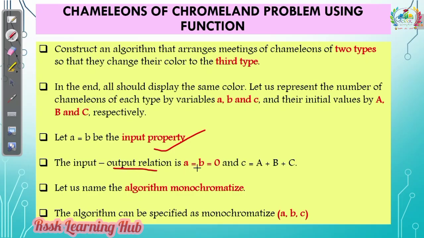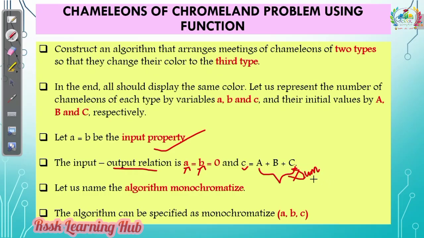If A equal to B equal to 0, that is, the first two chameleon values are 0, then automatically the third type will have the value of A, along with B and the value of C as it is. The summing up of these three values will result. This is your condition for getting your output.